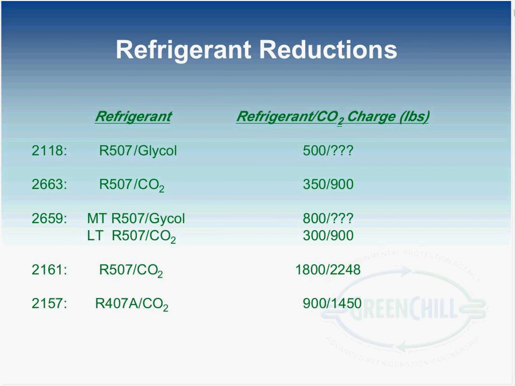A little bit about our refrigerant reductions, but before we talk about it, I wanted everybody to understand what the actual capacities of our racks on site were for each one of these stores. So to the left of this column, you can see the primary refrigerant that we have, as well as the secondary fluid, and then the poundage for each one of those.